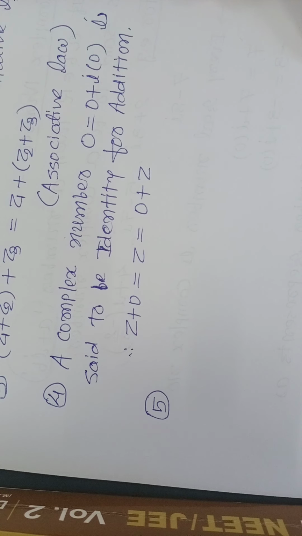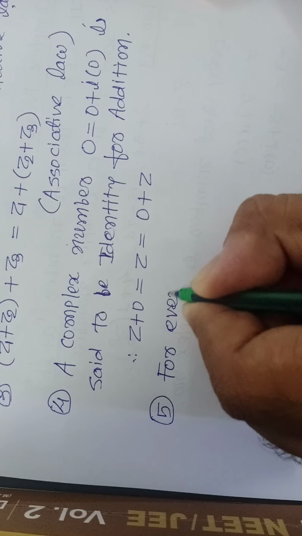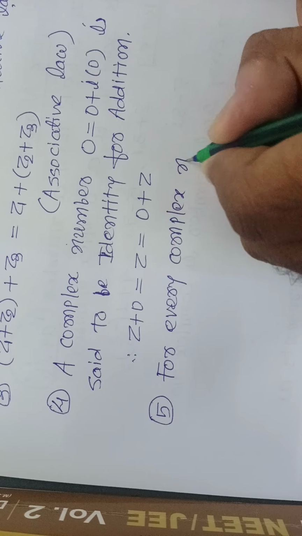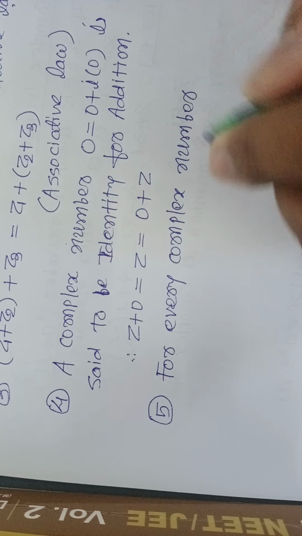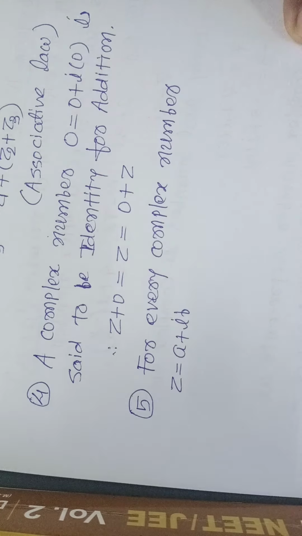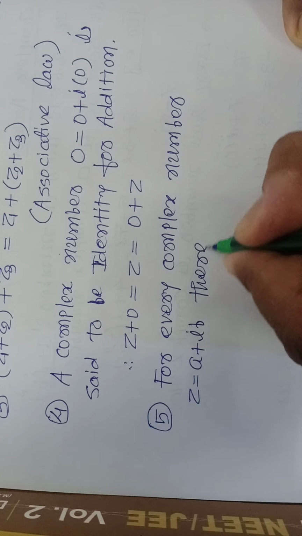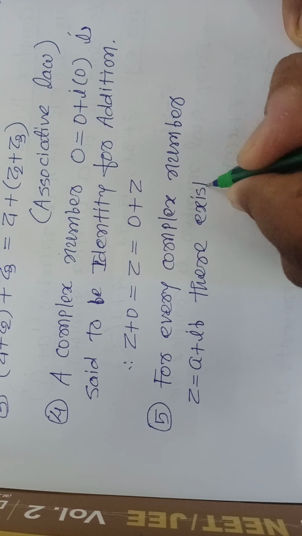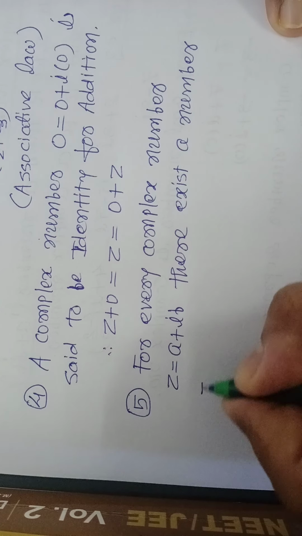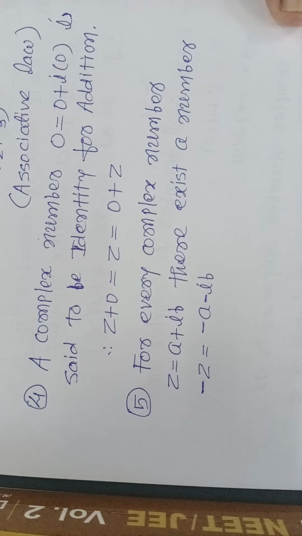Fifth thing, for every complex number z equals a plus ib, there exists a number minus z equals minus a minus ib, right?